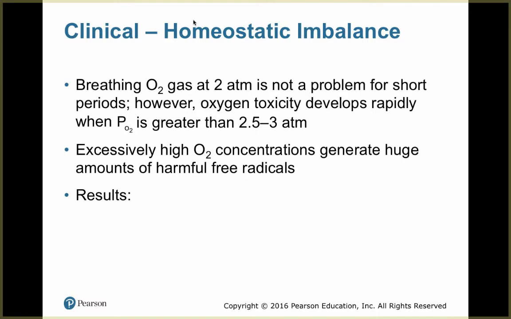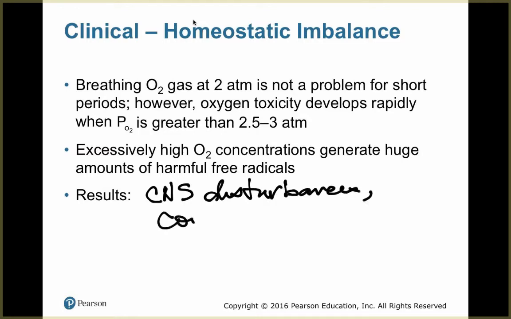So essentially, they'll go in and they'll just start destroying all the different types of proteins there. It's one of the theories or hypothetical theories in the idea of what could be aging. And so this results in things like central nervous system disturbances, coma, and even death.